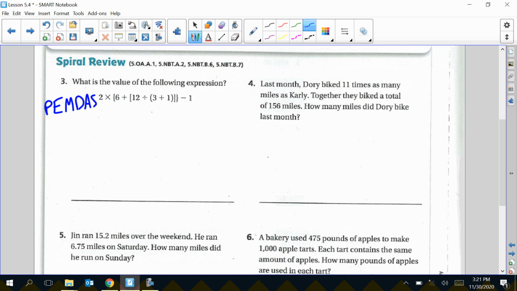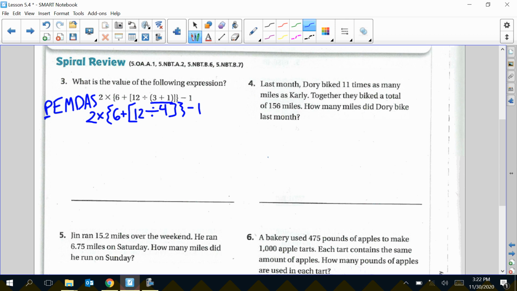If you remember back to chapter 1, we work parentheses from inside out. So we're working parentheses first, then you're going to solve. So 3 plus 1 would be 4. Then we're going to rewrite everything. We have brackets, braces, divided by 12, a bracket, plus 6, squiggly little brace, and then times 2 out front.